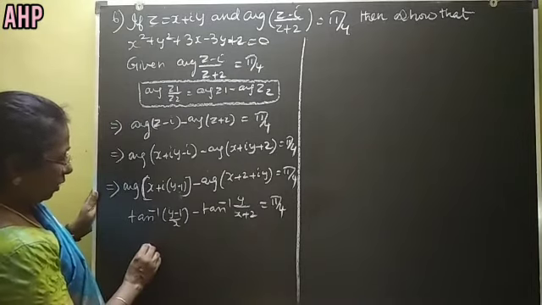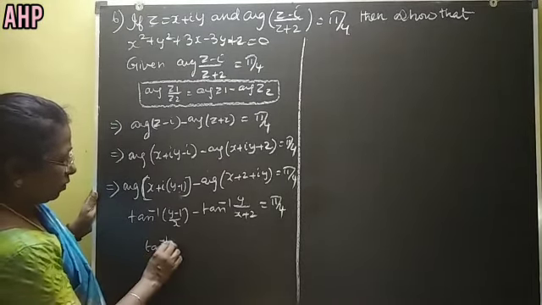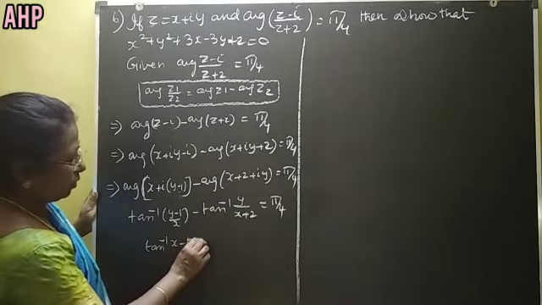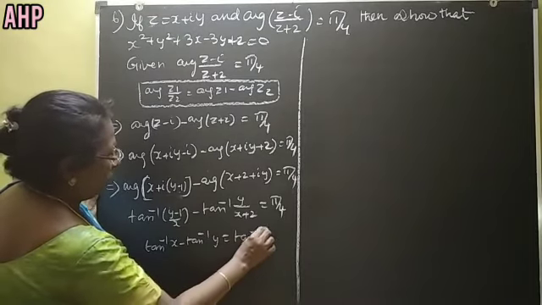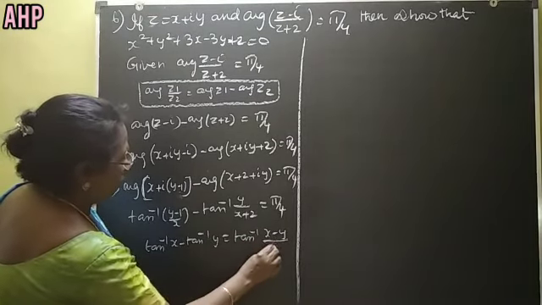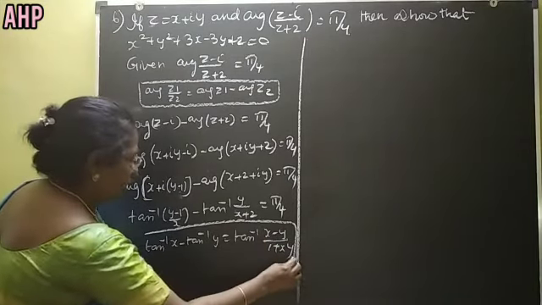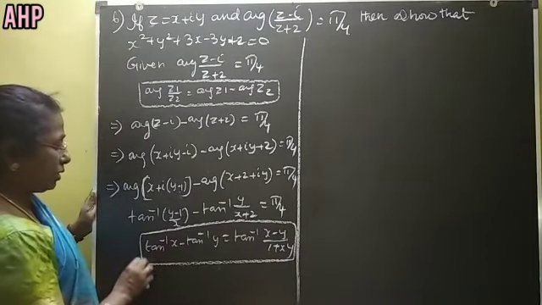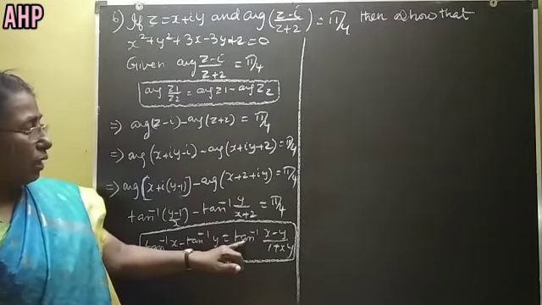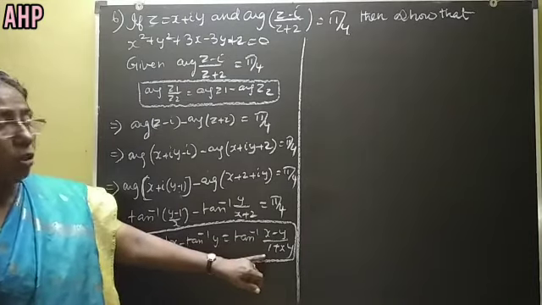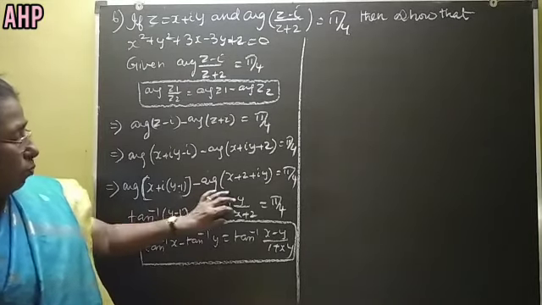Now we know that trigonometry formula, tan inverse x minus tan inverse y is equal to tan inverse (x minus y) by (1 plus xy). This is a trigonometry formula you must have studied last year. Now we are going to use this identity to simplify this.